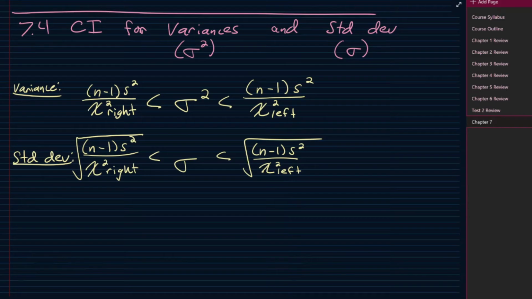So basically what we have to do here is talk about how to use the chi-squared charts. Let's look at an example, and then we'll talk about that when we get there.